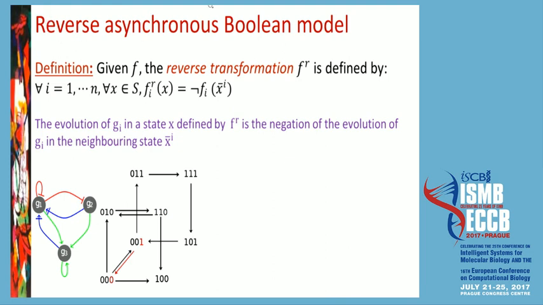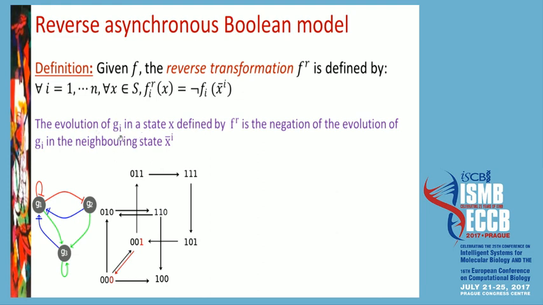And indeed, in the Boolean setting, there is a way to define the transition function for a new model from the original model, which is basically defined as the negation of the transformation in neighboring states.